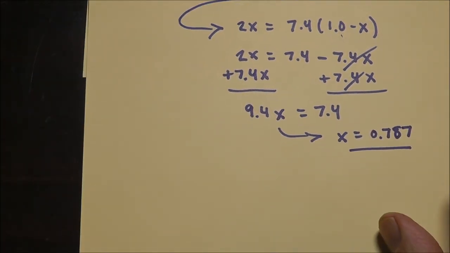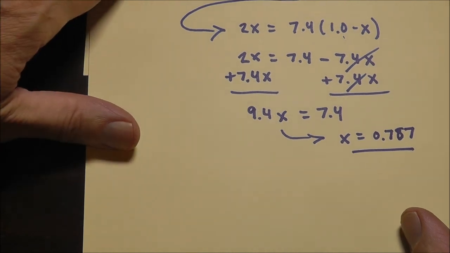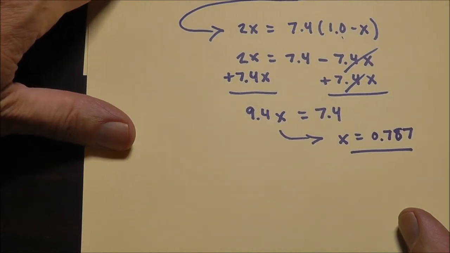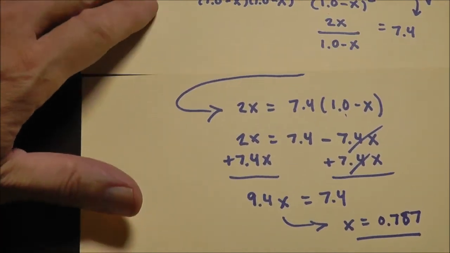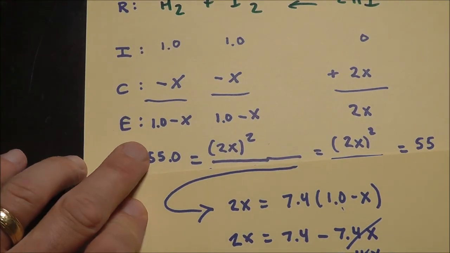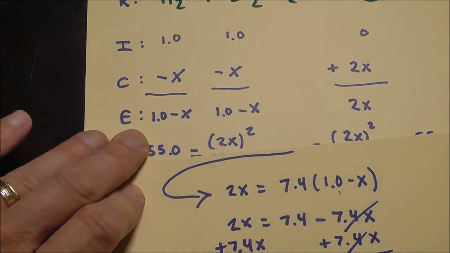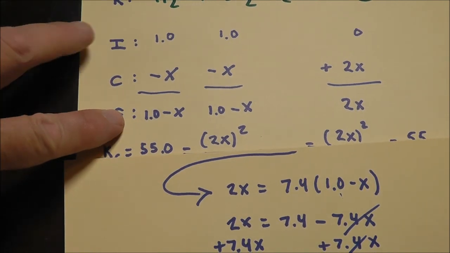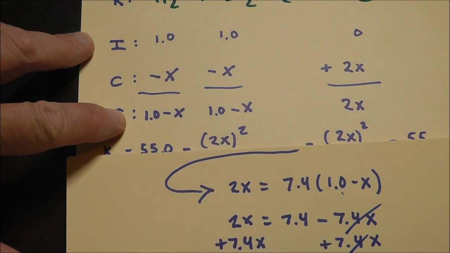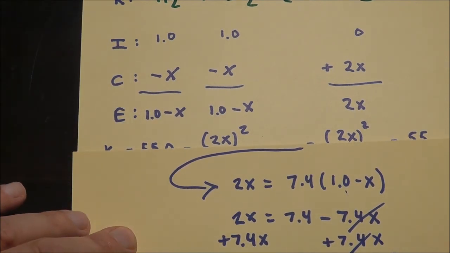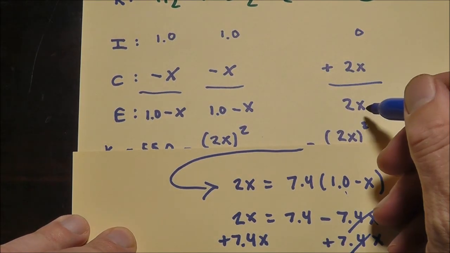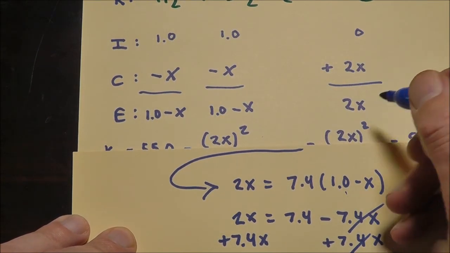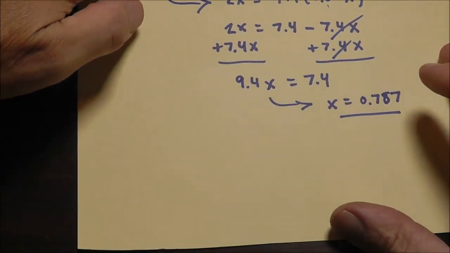Now we have to remember what 0.787 means. It feels like in math class we're done. We're not done. We need to use the x to calculate each concentration. So at equilibrium, the concentration of H2 is 1.0 minus 0.787, and so is I2, 1.0 minus 0.787. And HI is 2 times 0.787.